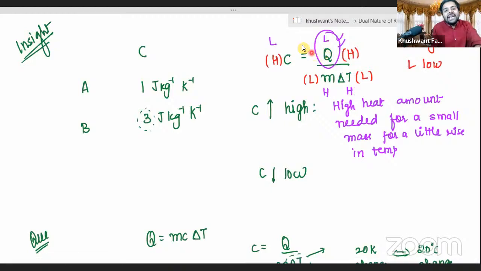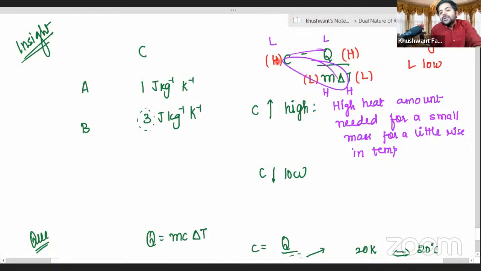Why am I writing L L on both sides? Because C and Q का there is direct proportionality, C and M का there is inverse proportionality, C and delta T का there is inverse proportionality. इसका meaning we all have to understand.